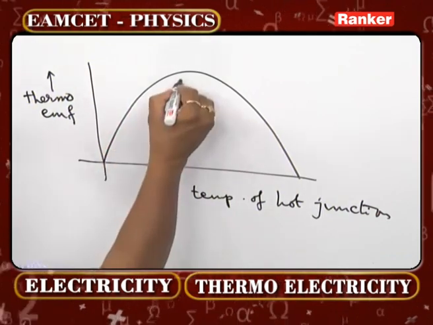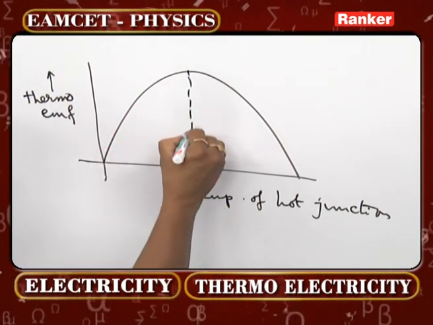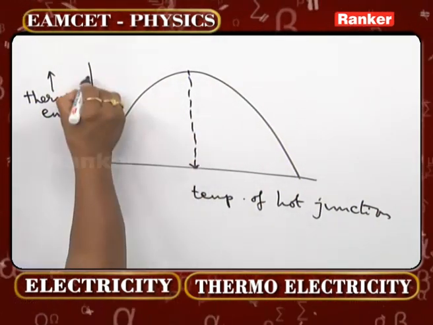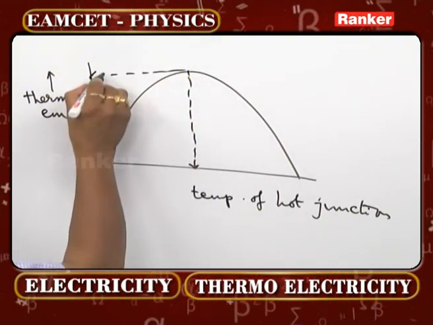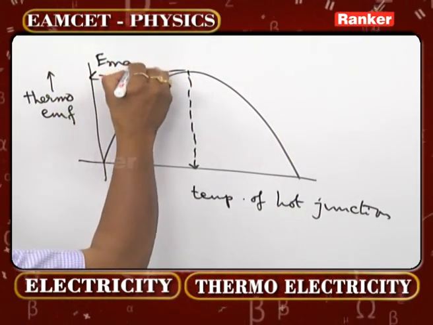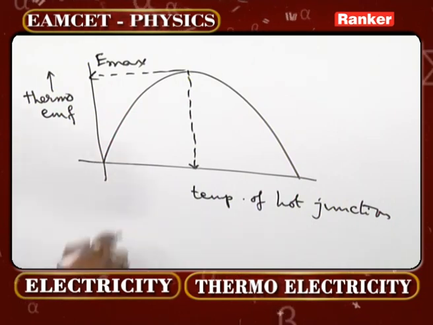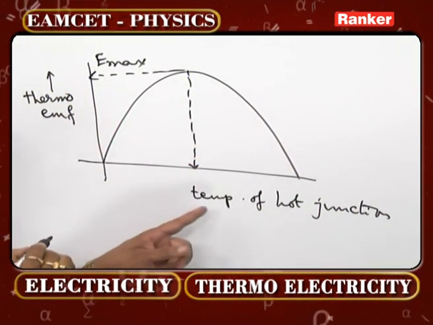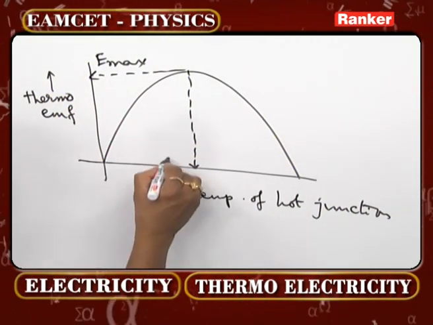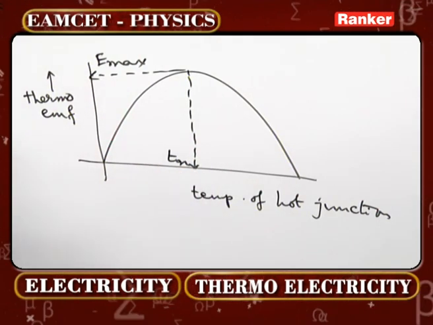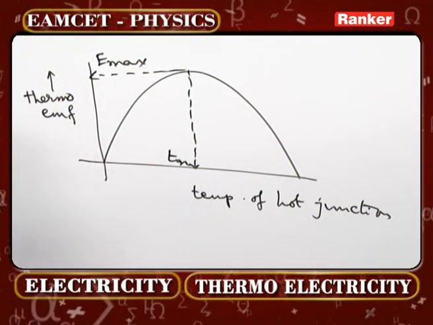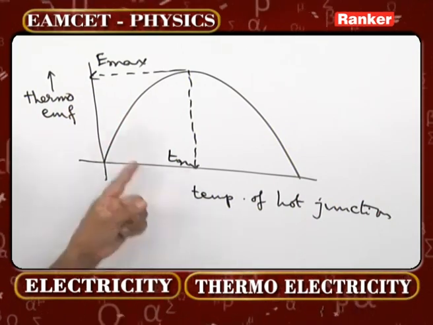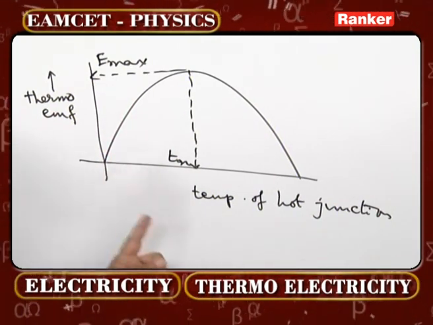This is the temperature of the hot junction at which the EMF generated is maximum. The corresponding temperature of the hot junction at maximum EMF is called the neutral temperature. This neutral temperature is the characteristic temperature of a thermocouple.